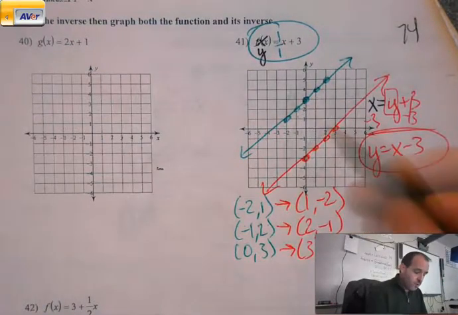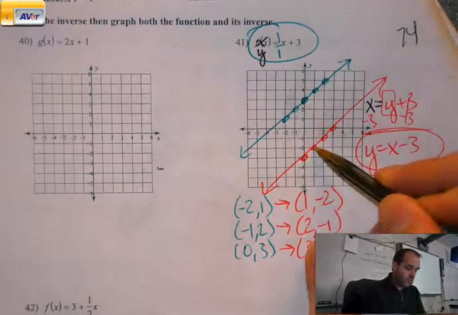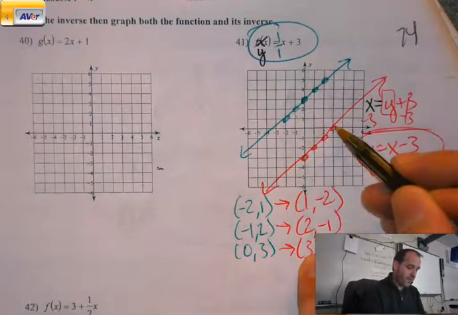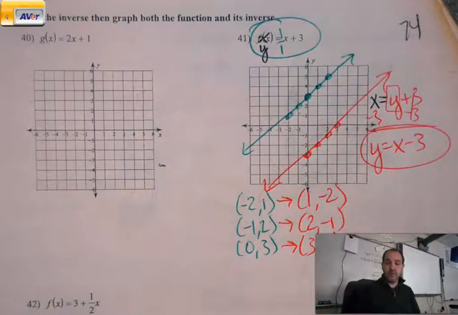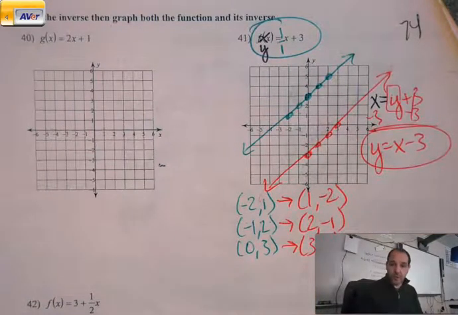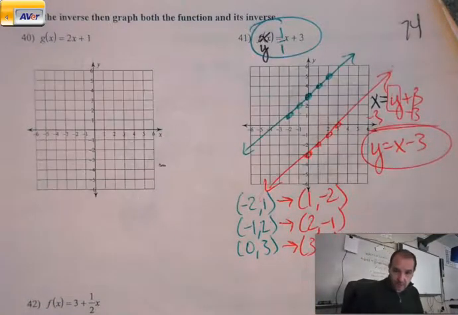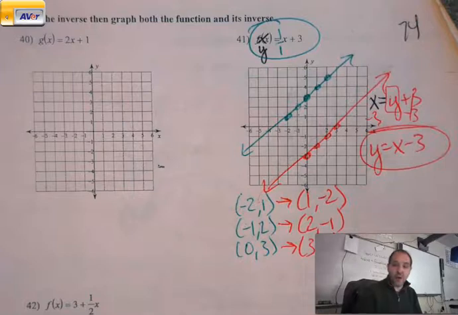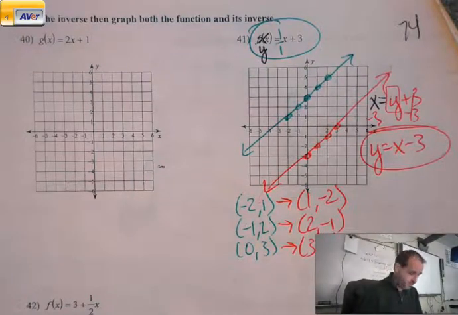Let's check this out. 1, -2, 2, -1, 3, 0. I'd add those 3 points, wham, right through there. Okay, slope-intercept, calculator, just flop the points of the first line that you graph. Okay? You got this. You got this.